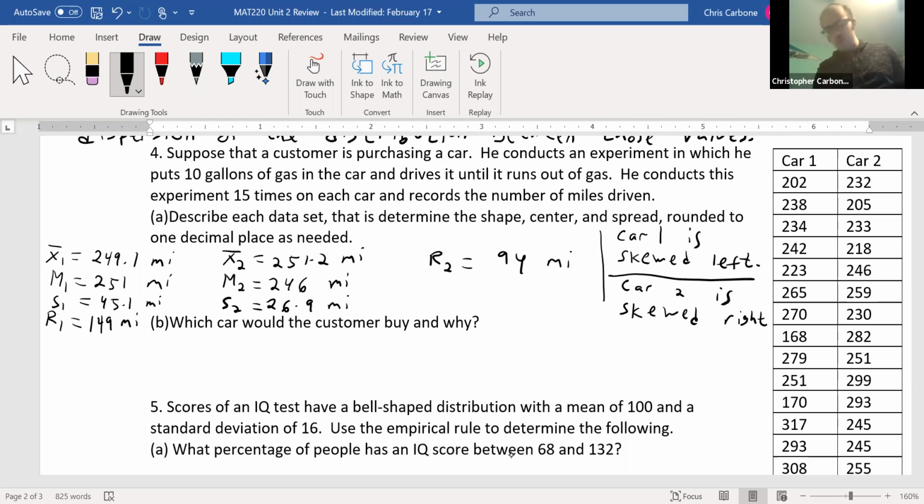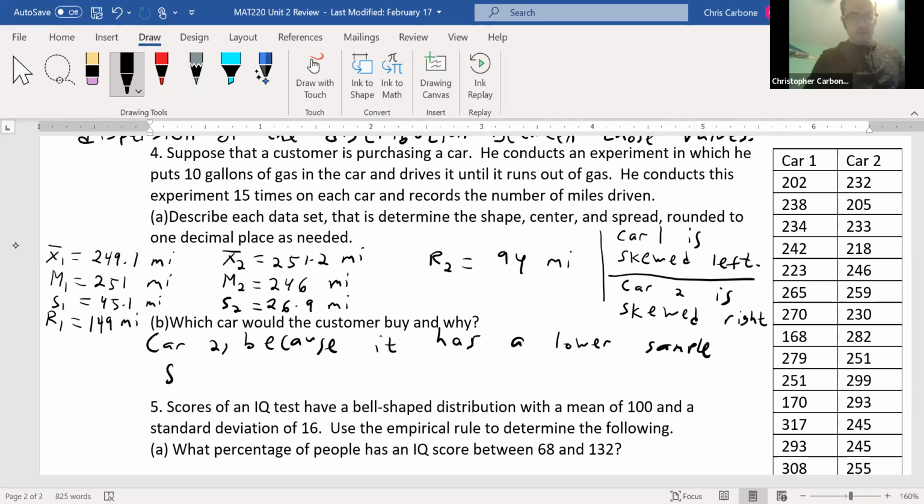And then which car would the customer buy and why? Well, this would be car 2, because it has a lower sample standard deviation.